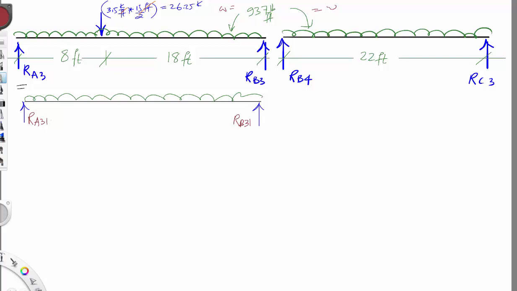The calculation for straightforward is RB31 equals WL divided by 2, which is 937 pounds per foot multiplied by 22 feet and divided by 2.